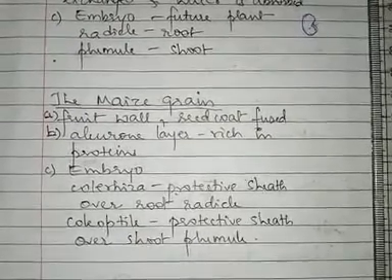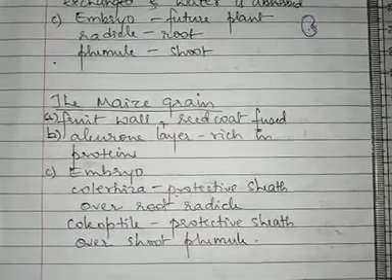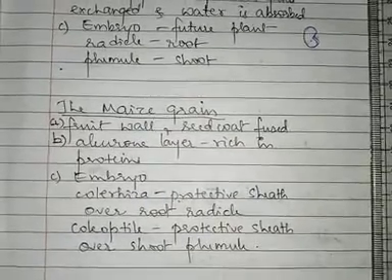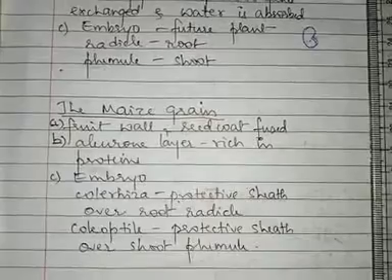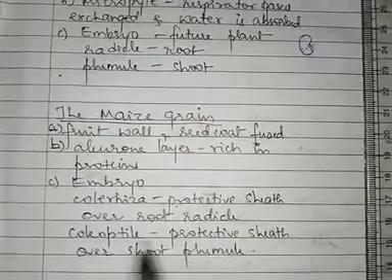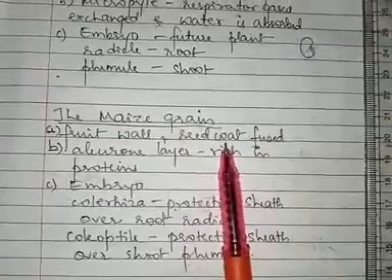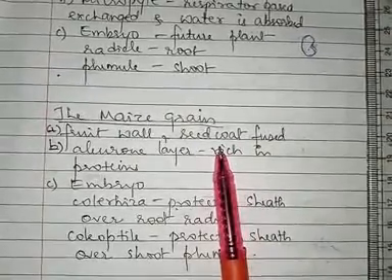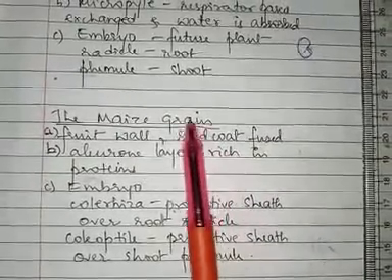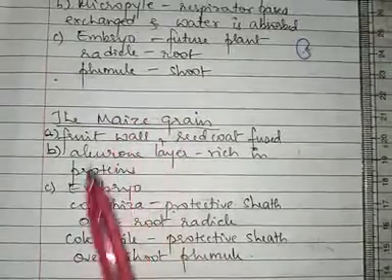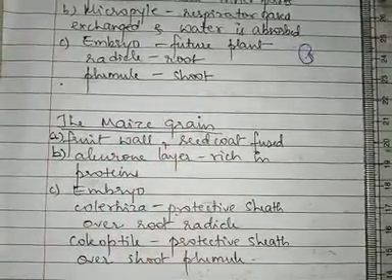When you consider the maize grain, it is one seeded fruit wherein the fruit wall and the seed coat are fused together. And that is the reason we call it a maize grain. Understanding?